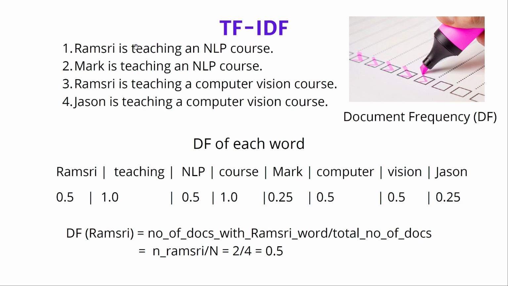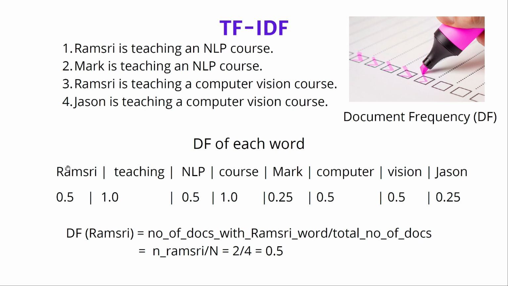And in the case of Ramsri, the document frequency is how many times Ramsri comes across these sentences. So we have only 2 sentences with Ramsri, 1 and 3. And how many sentences are there in total? 4. So the document frequency of Ramsri is 2 by 4, that is 0.5.